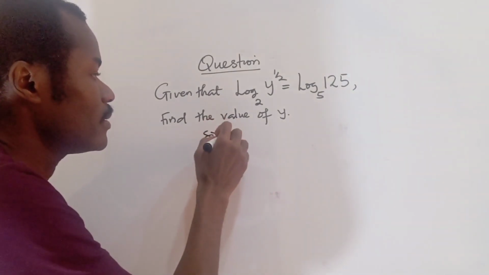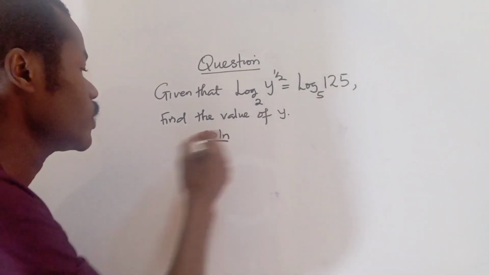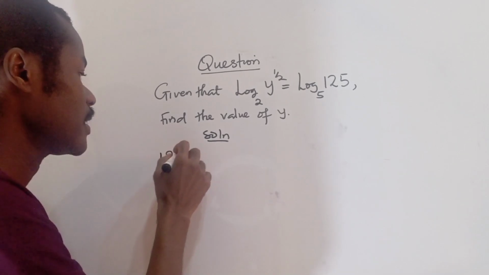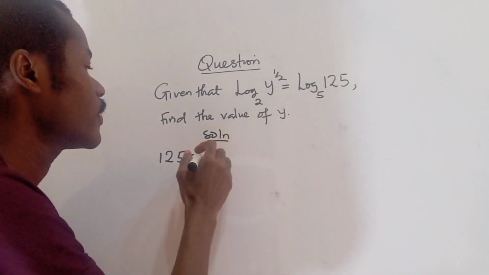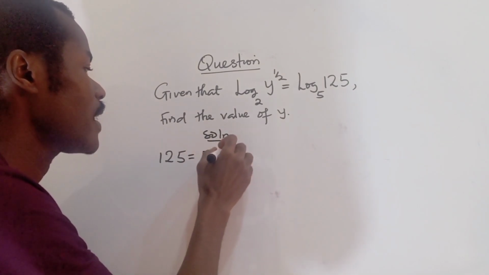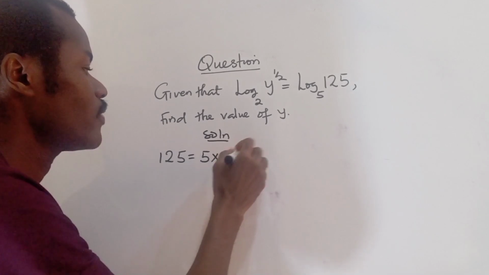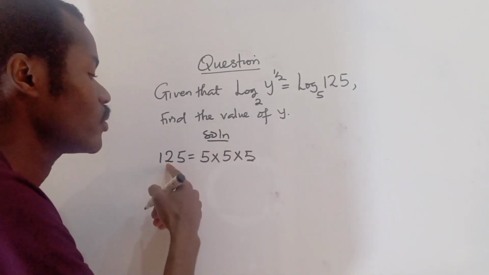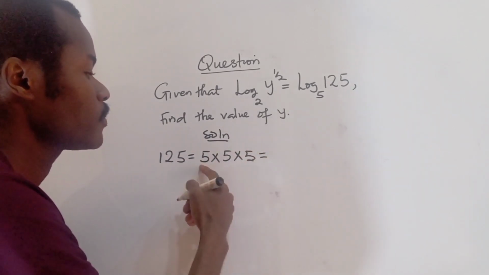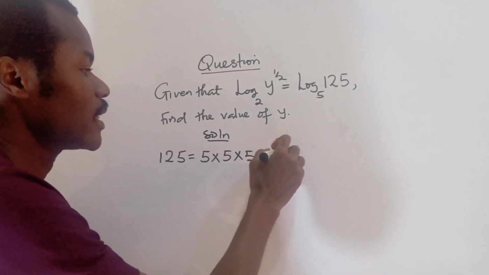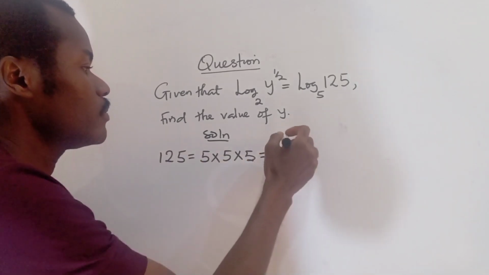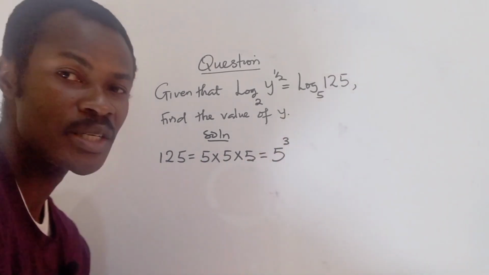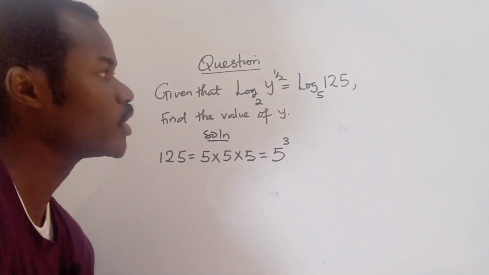So to solve this, 125 is quite large, so we want to express it in terms of 5. 125 means 5 times 5, which is 25, and times 5 gives us 125. In index form, that is 5 to the power of 3. That is our first step in this question.